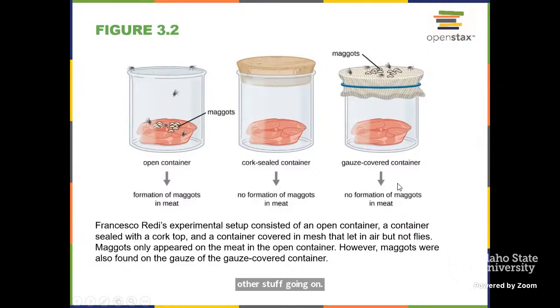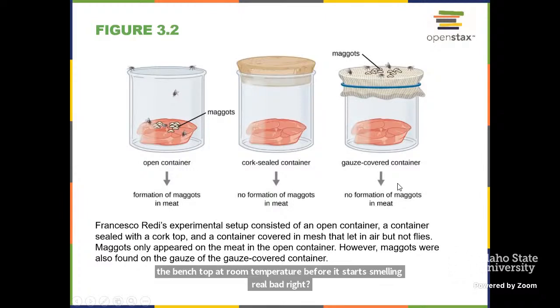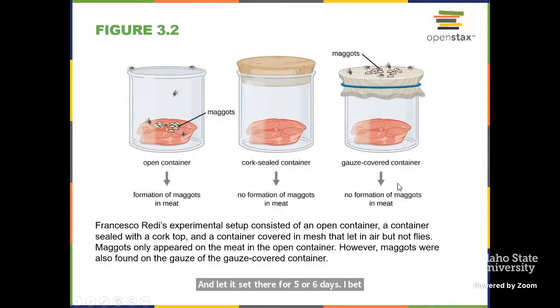There are some bacteria feeding on all of this stuff. You can't see them, but you can see some of the ill effects, and I bet you can sure smell it. It only takes a little bit of time of that meat being on the bench top at room temperature before it starts smelling real bad. Let it sit there for 5 or 6 days, and I bet you'd prefer to be outside.